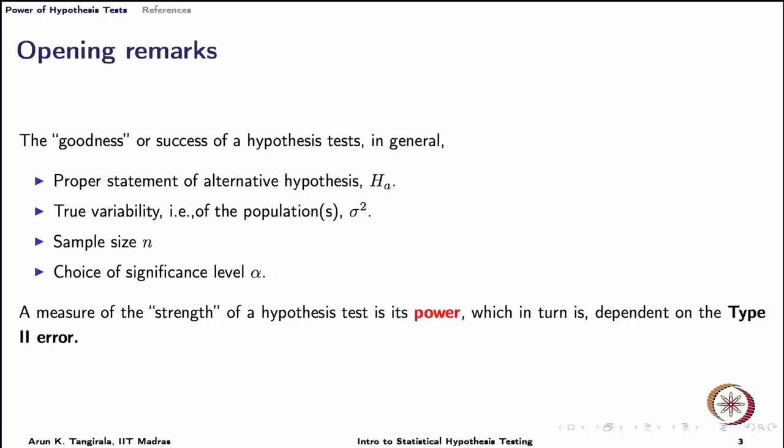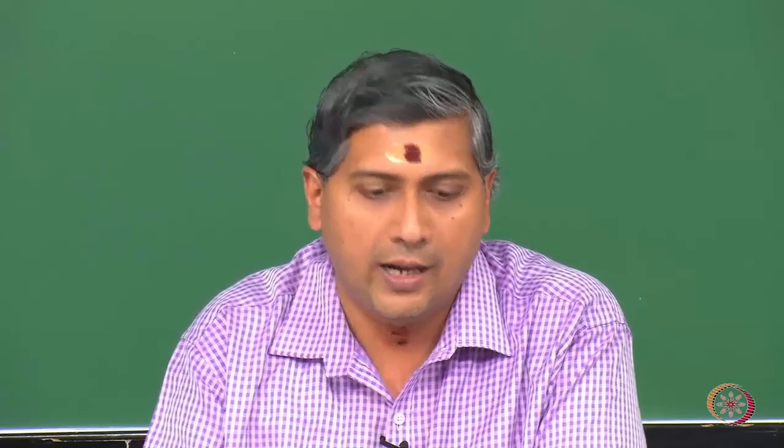And the next factor that affects the outcome or the decision of a hypothesis test is the population variability. Of course, variability may not always be the factor, but even if you are looking at two sample cases, whether you are comparing means, proportions and so on, variability plays a significant role either directly or indirectly.